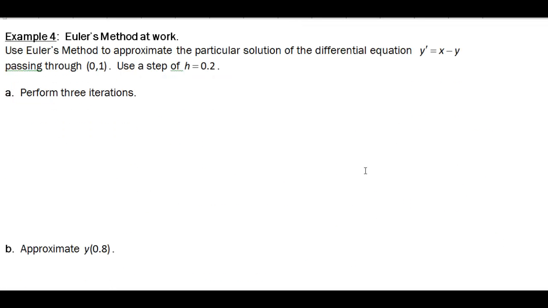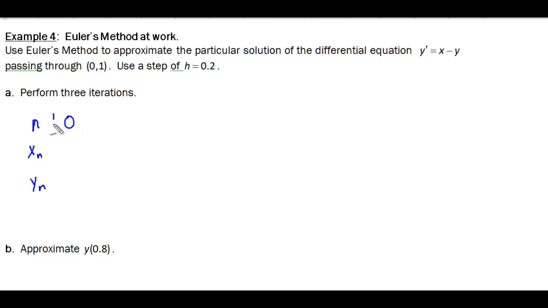So we want to use Euler's method to approximate the particular solution of the differential equation y prime equals x minus y passing through 0, 1, and we're going to use a step of h equals 0.2. So let's just start out, and we're going to make a table of n, xn, yn.